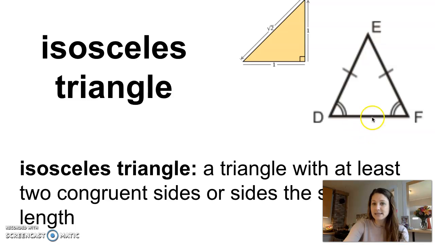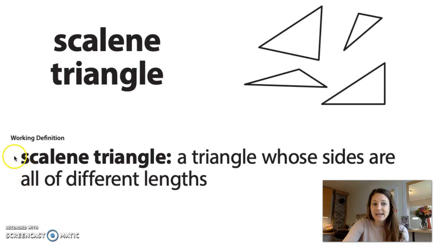The bottom, the base, would have a different length. So isosceles is a triangle with at least two congruent sides. And finally, a scalene triangle is a triangle whose sides are all different lengths. No side measures the same as another side.